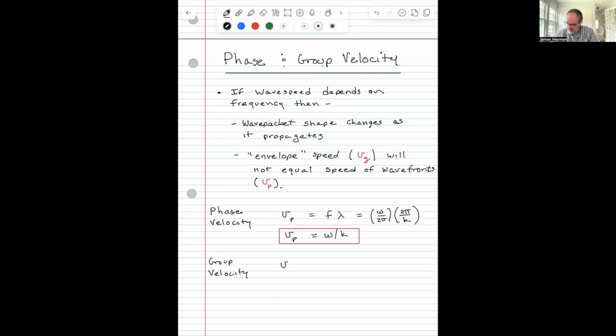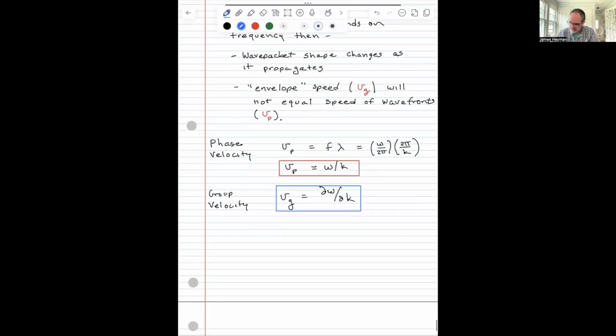And it turns out that the group velocity, the envelope speed, is given by the rate of change of omega with respect to k. Okay? Which is a slightly different relationship. In fact, it gives us a way to think about a system. We could make a graph of frequency versus wavelength, or we could make a graph of omega versus k.